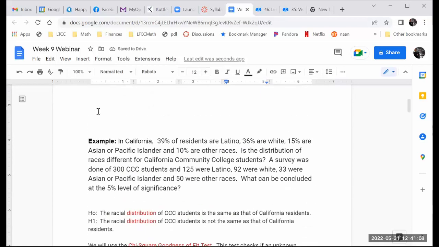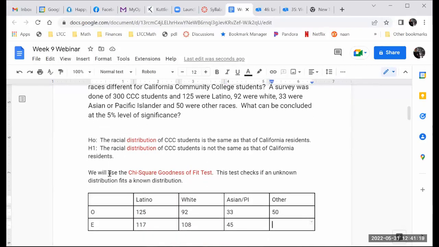And then finally, 10% are other races. 10% of 300, you might be able to do that one in your head. That's 30. Are there any questions on how I came up with this table?